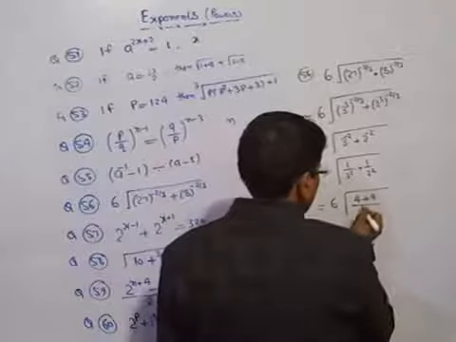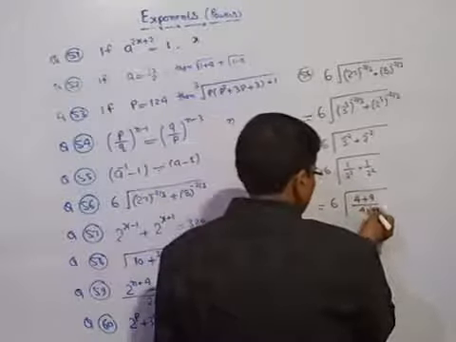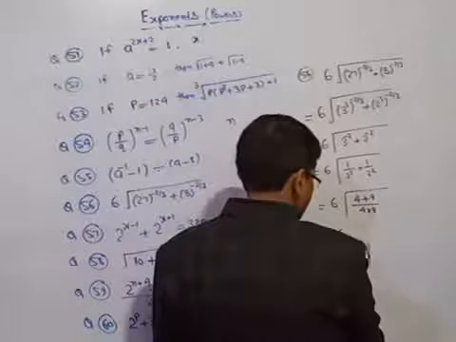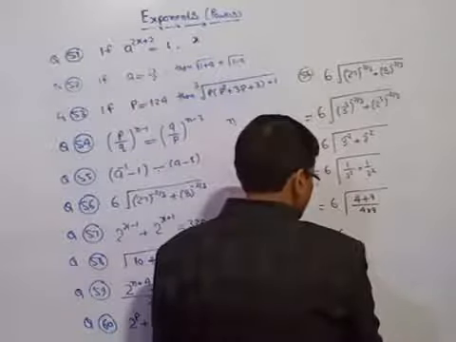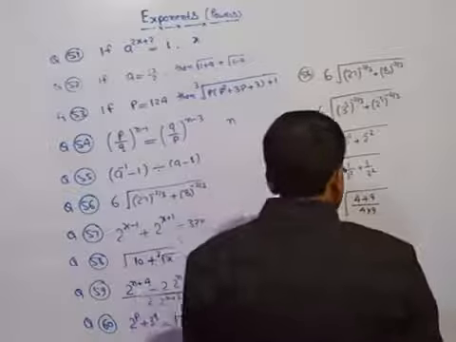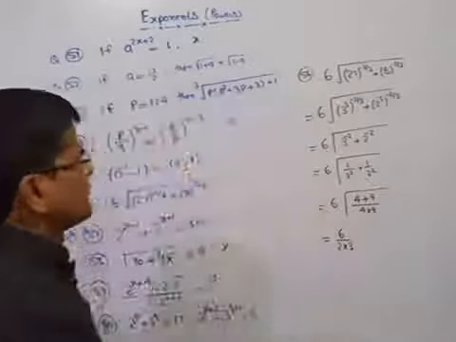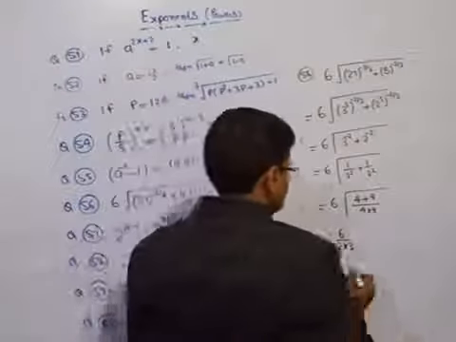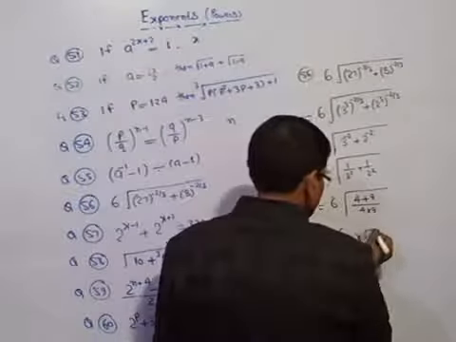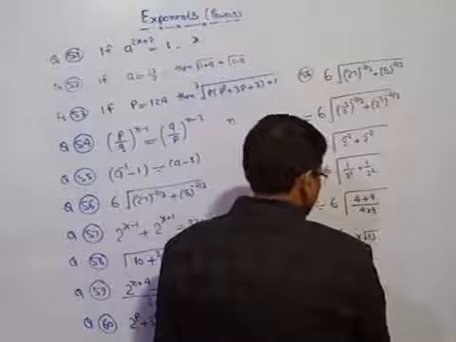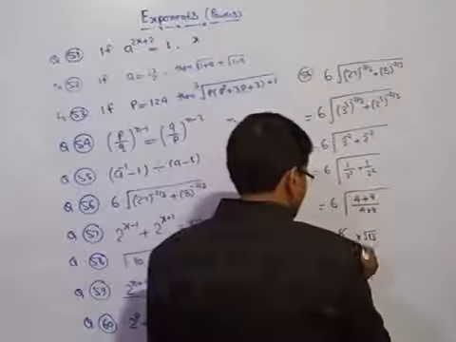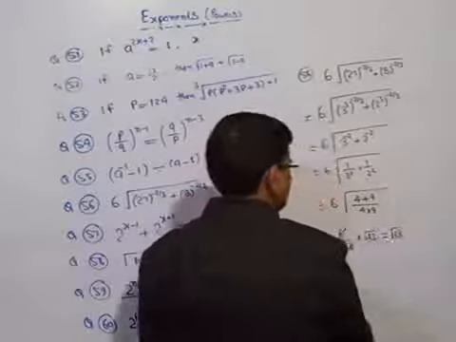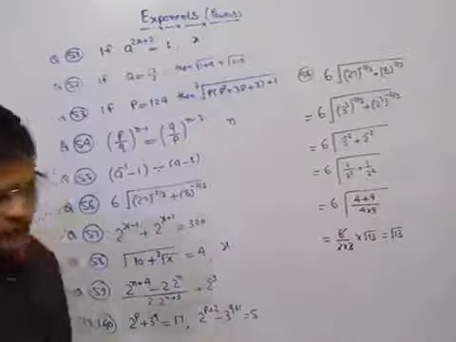Now 4 into 9. 6, 2 into 3. Clear, beta? 6, 2 into 3, and root 13. 6 and 6 cancel out. Then the answer will be root 13.